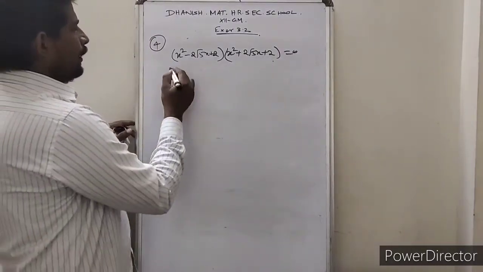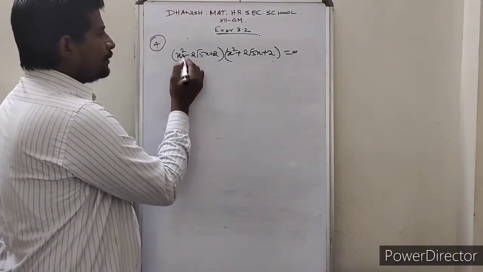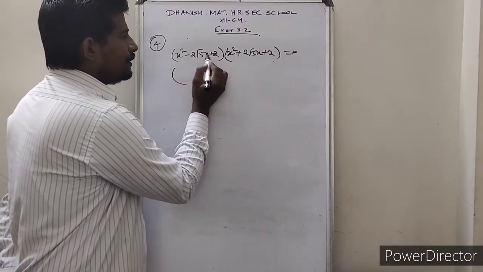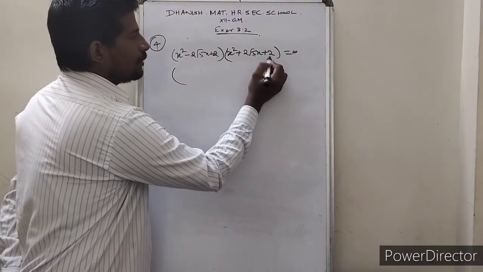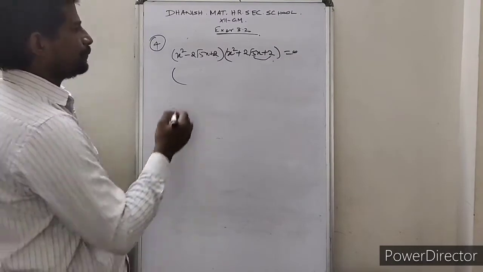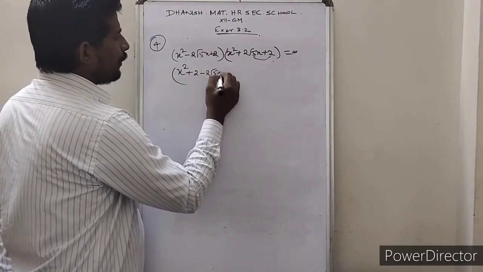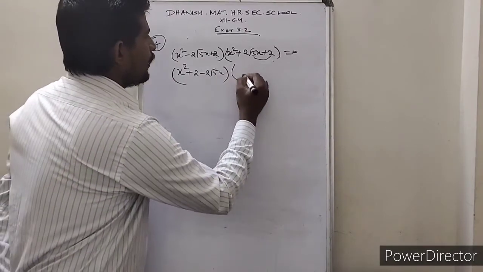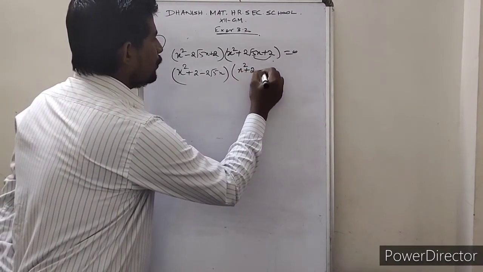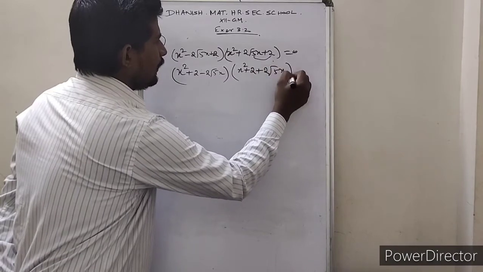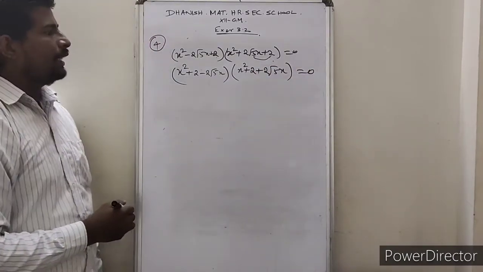Now I am going to rewrite this, interchanging these two as well as these two: x square plus 2 minus 2 root 5x, x square plus 2 plus 2 root 5x equal to 0.